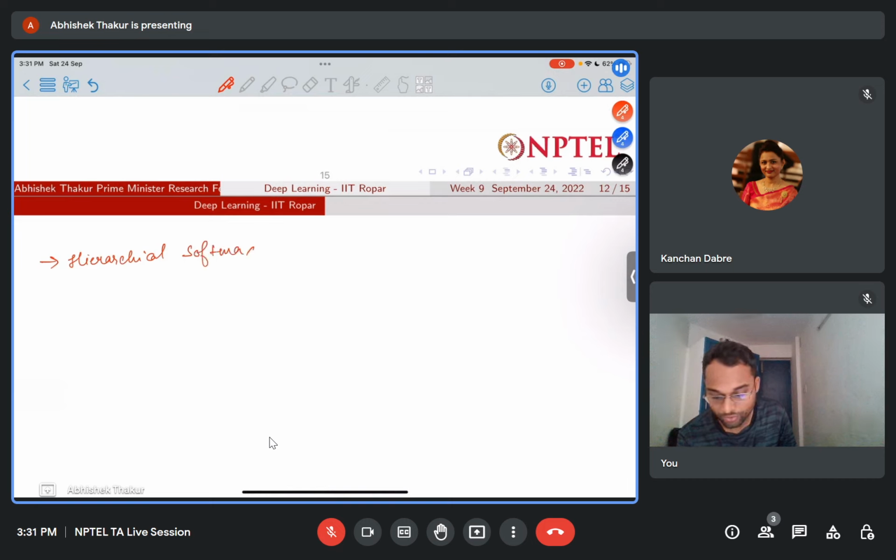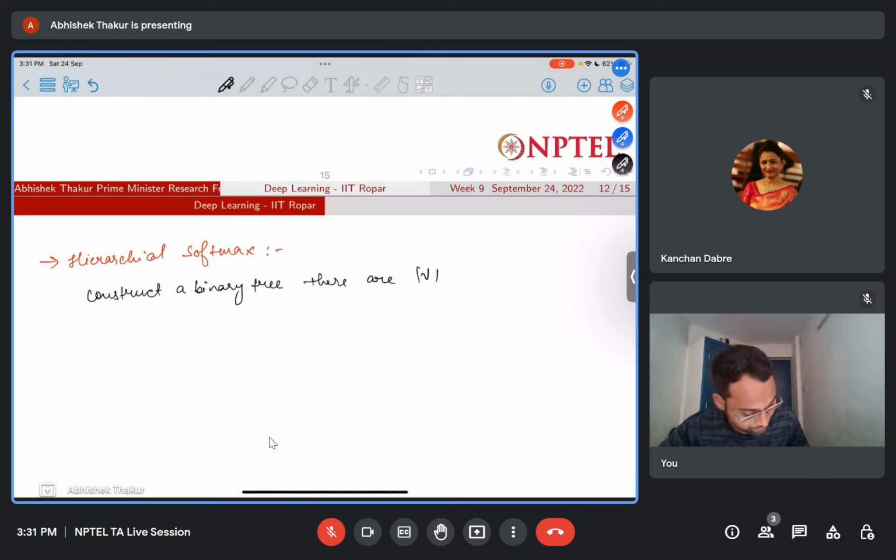We construct a binary tree in such a way that there are V leaf nodes, each corresponding to one word in the vocabulary.